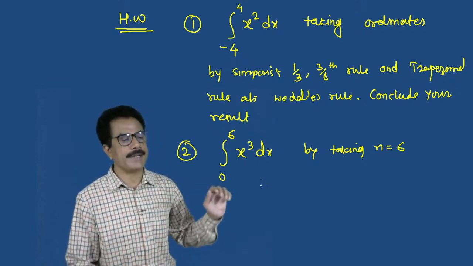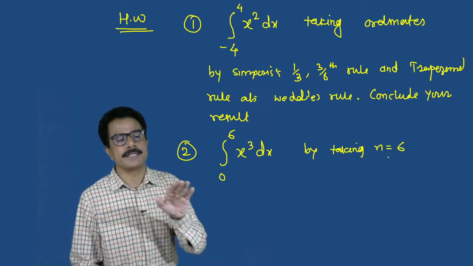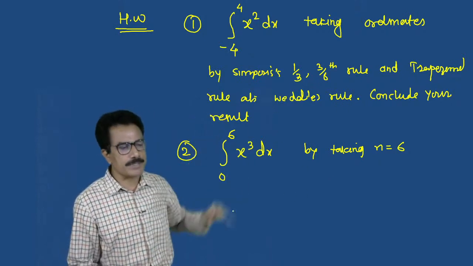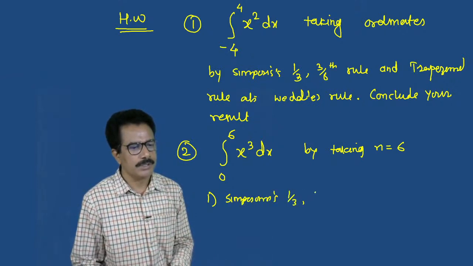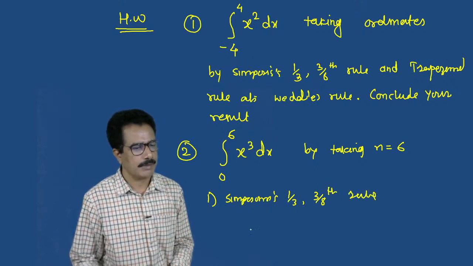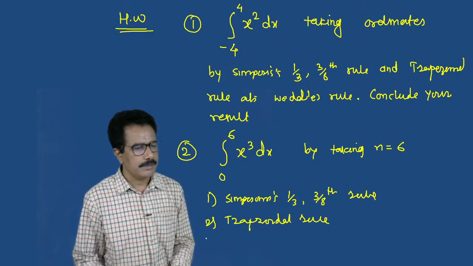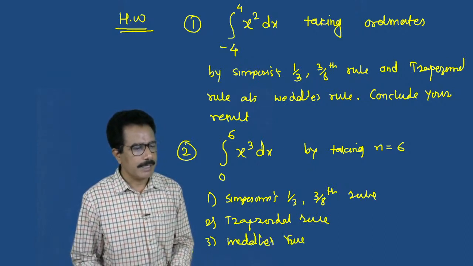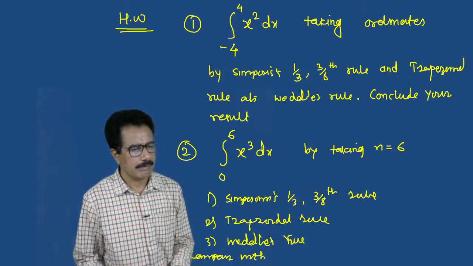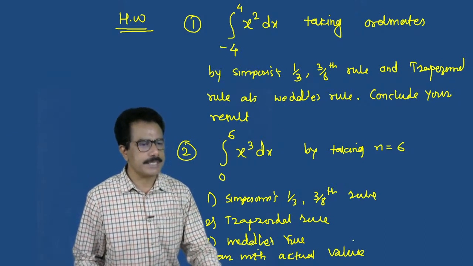Here n is 6. Actually there are 7 points, 7 ordinates. Ordinates means points, and n means parts, already 6. Calculate the same: Simpson's 1/3 rule, 3/8 rule, second trapezoidal rule, third Weddle's rule. Compare with the actual value. Okay? So this is the second example.